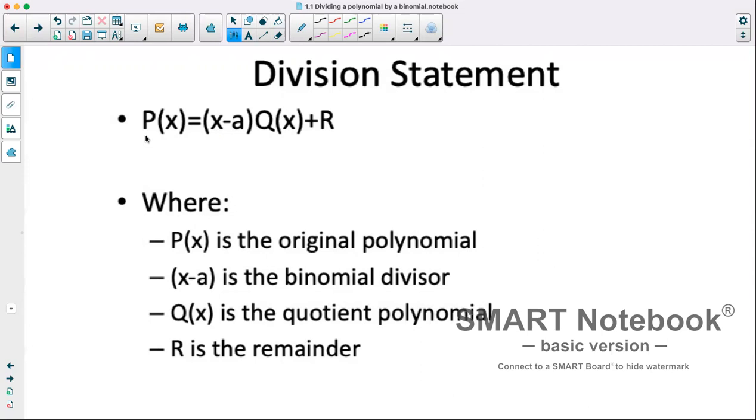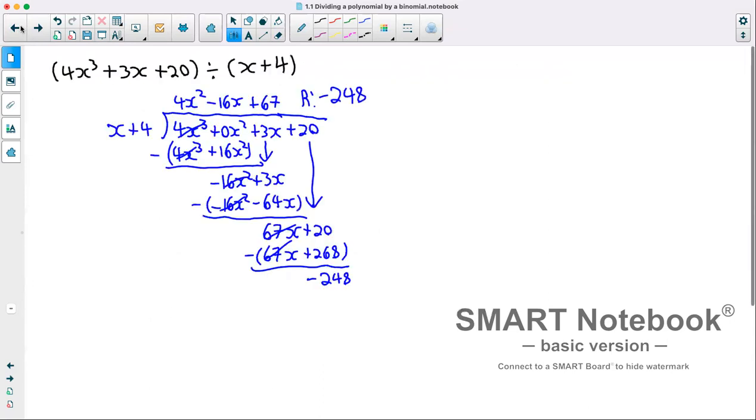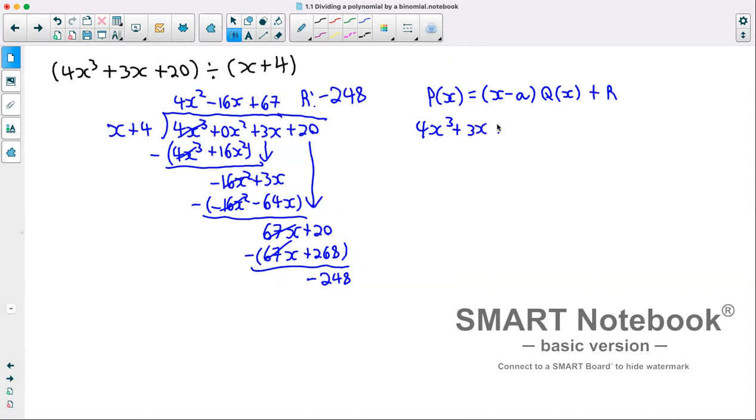So we'll go back and write the division statement of that question we just did. So we know that our division statement takes the form of P of x equals x minus a times our quotient of x plus our remainder. So our original polynomial was 4x cubed plus 3x plus 20.